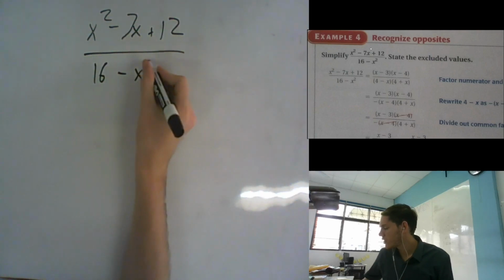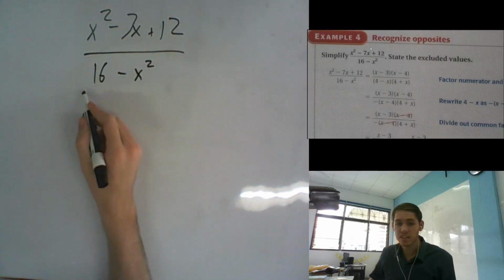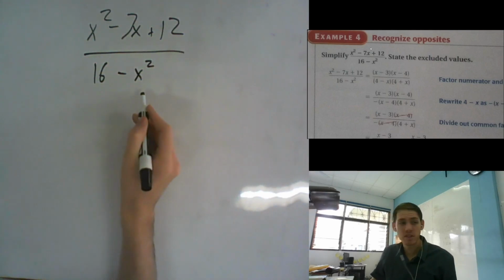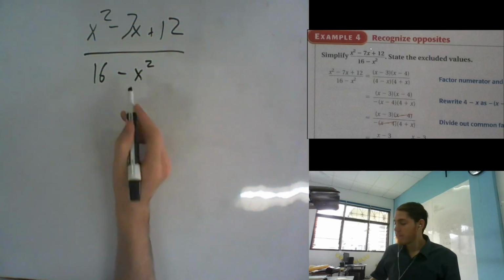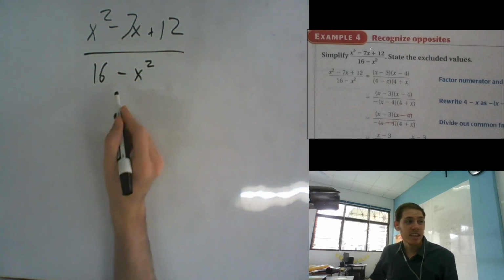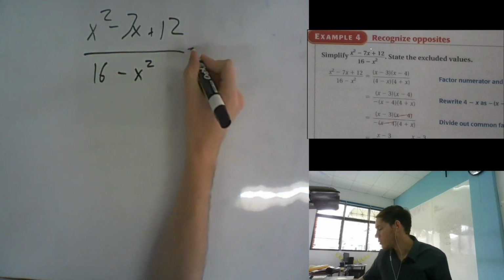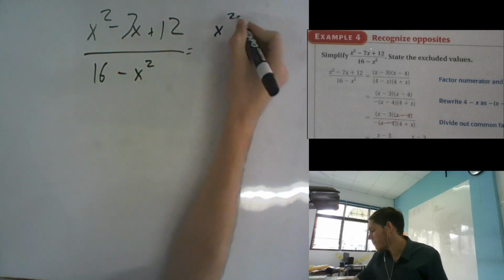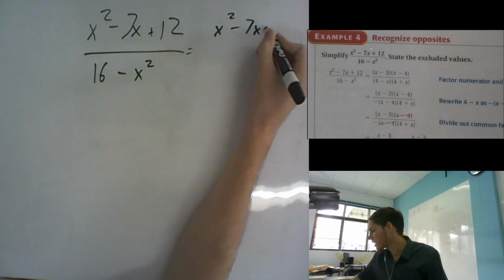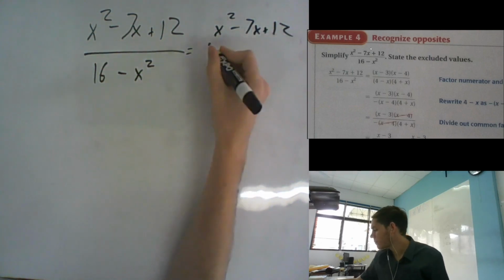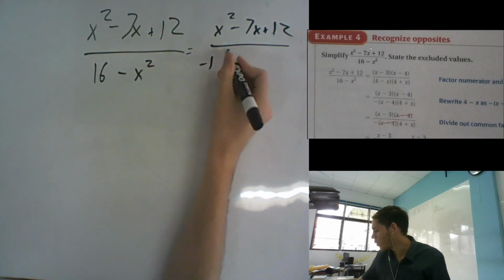Now, you notice on the bottom here that this is written kind of backwards. I don't really like having a negative in front of our x squared if possible. So the top, we'll just not change for a second. But the bottom, we're going to factor off a -1.